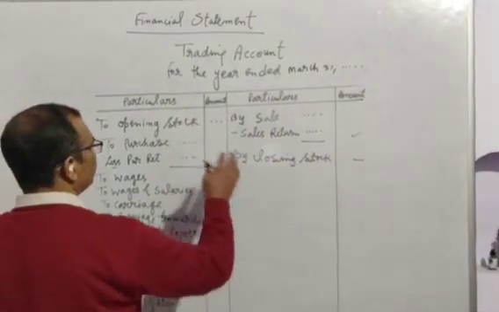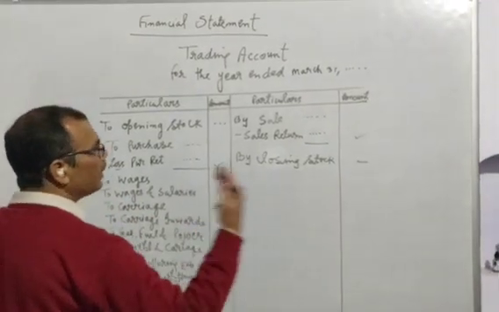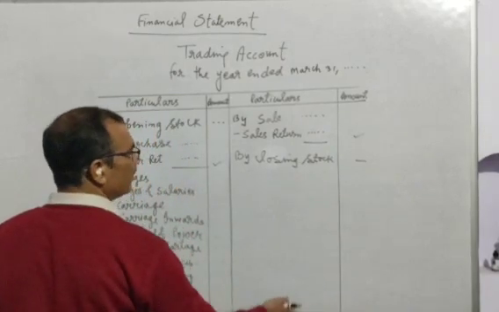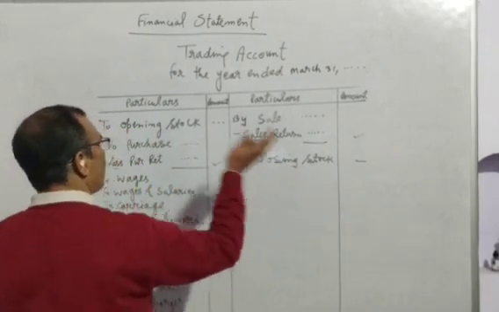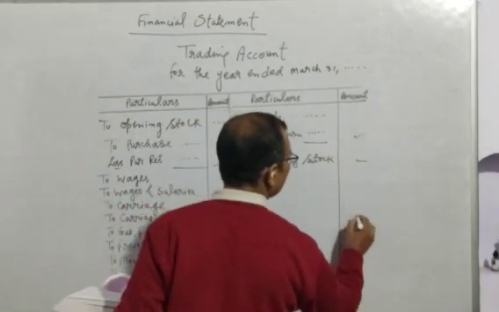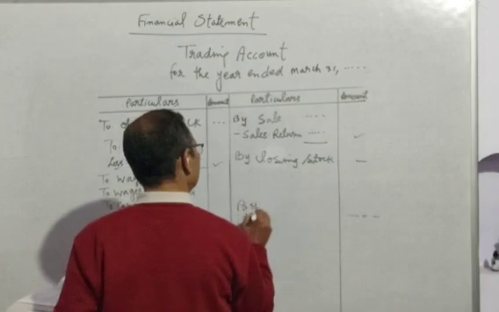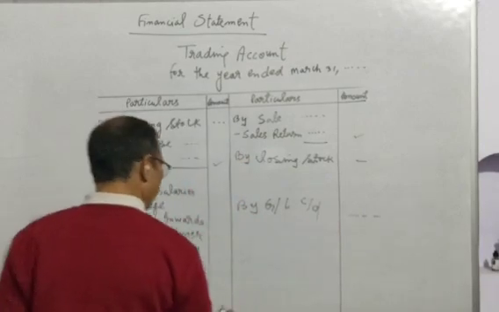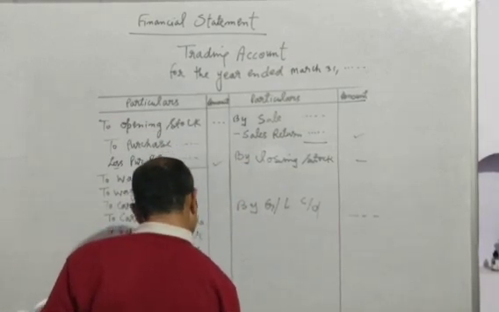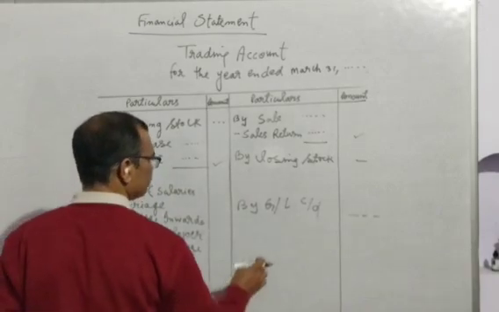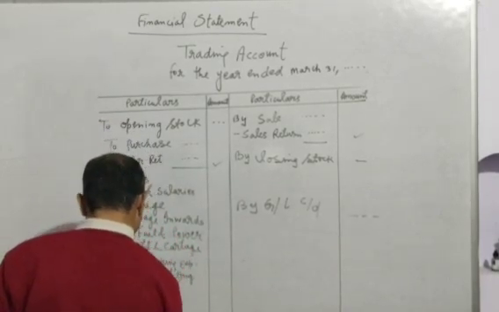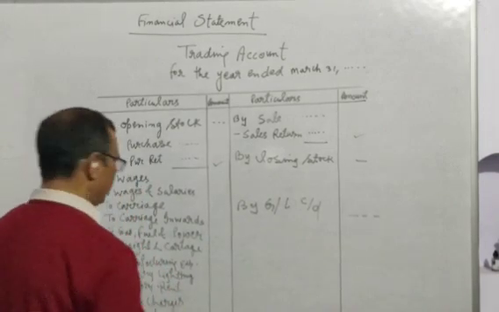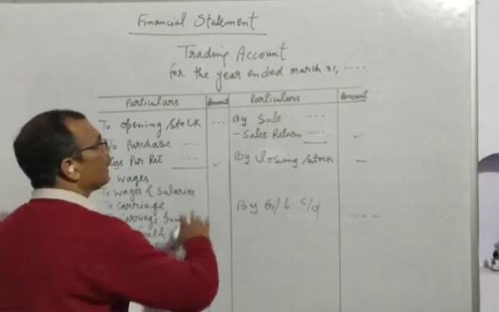And suppose the debit side's total is bigger than the credit side, then the debit total will be written on both sides, and when we deduct the credit side's total from the debit side, we will write by gross loss carried down, and this gross loss will be brought down here, where we will write to gross loss brought down. In this way we will prepare the trading account.